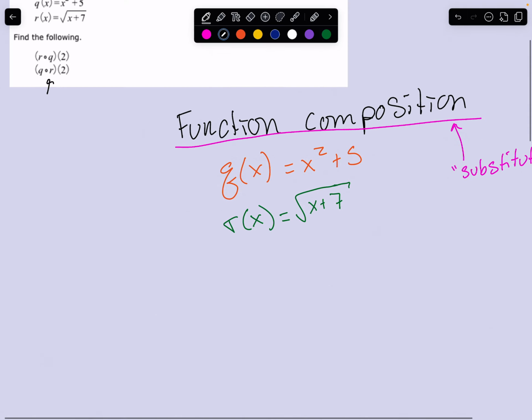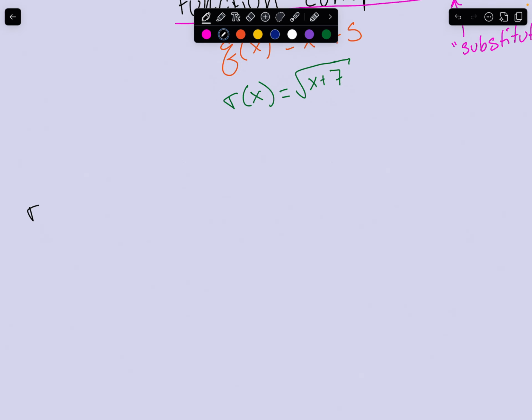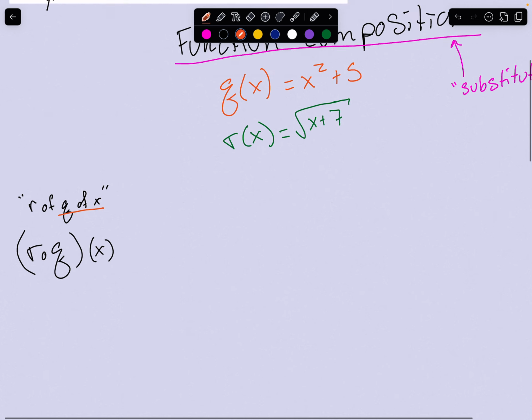So first off, it wants r of q. So we want r of q of x. And notice how I'm saying that: r of q of x. Think about what this part means, q of x.